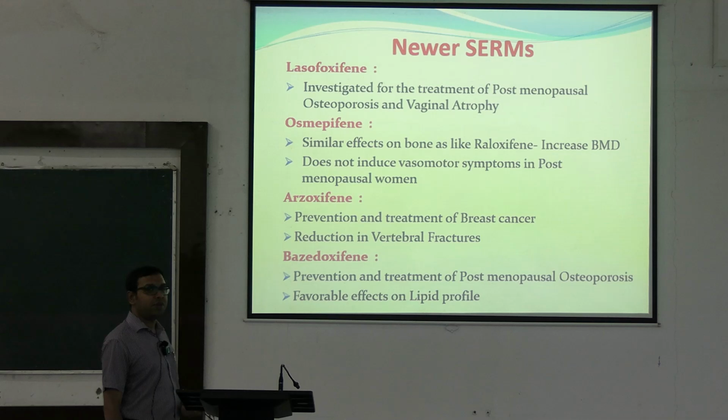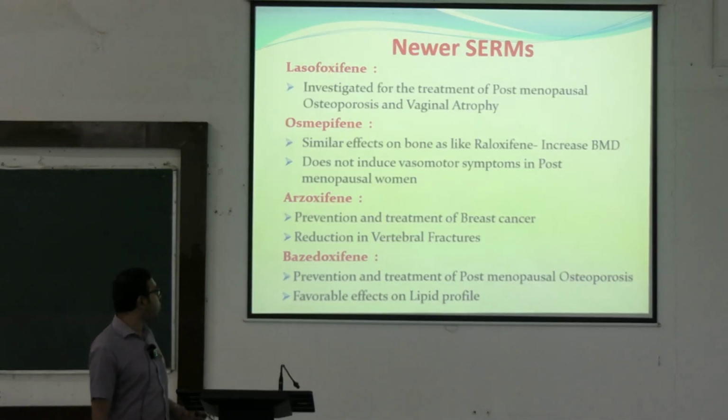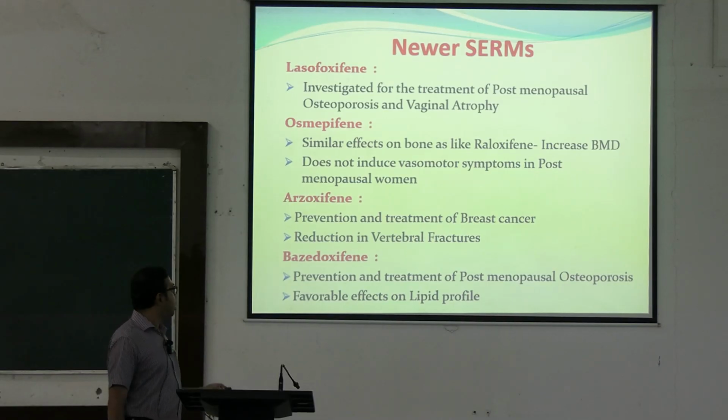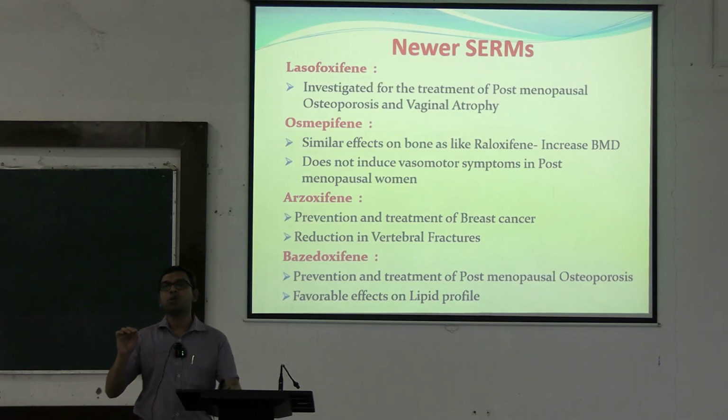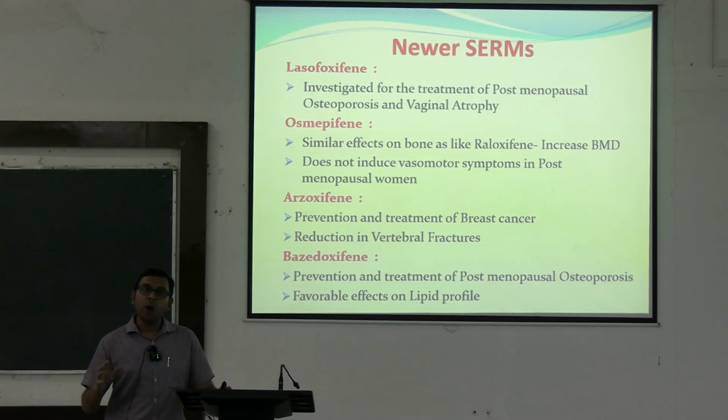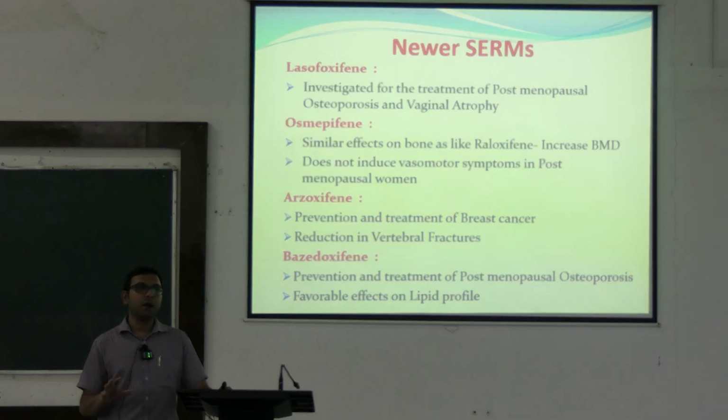Another is arzoxifene, which is again used for the treatment of breast cancer and also to reduce the chances of vertebral fracture by reducing postmenopausal osteoporosis. And bazedoxifene is used for the prevention and treatment of postmenopausal osteoporosis, and it has favorable effects on lipid profile.